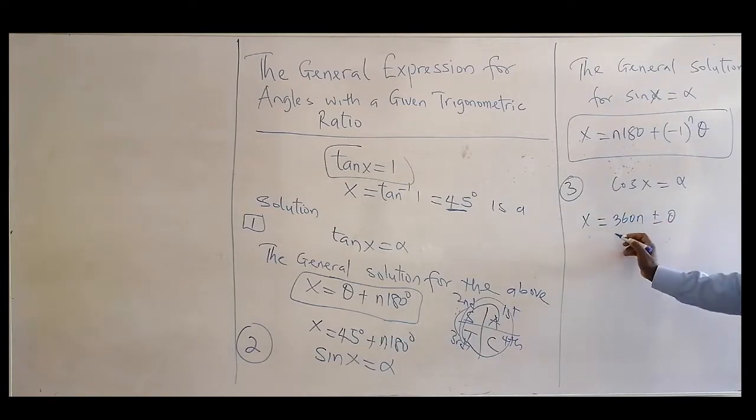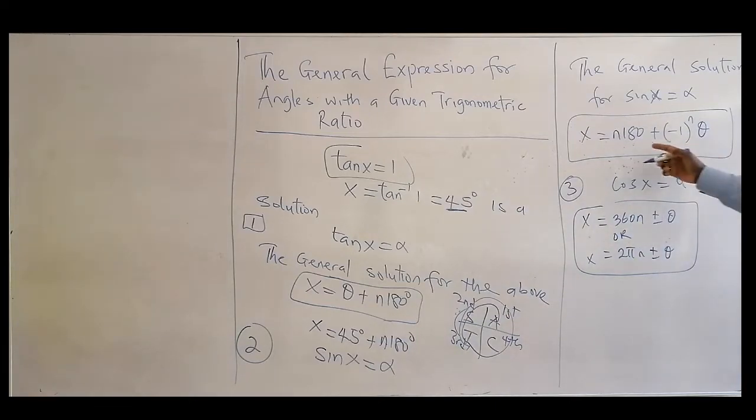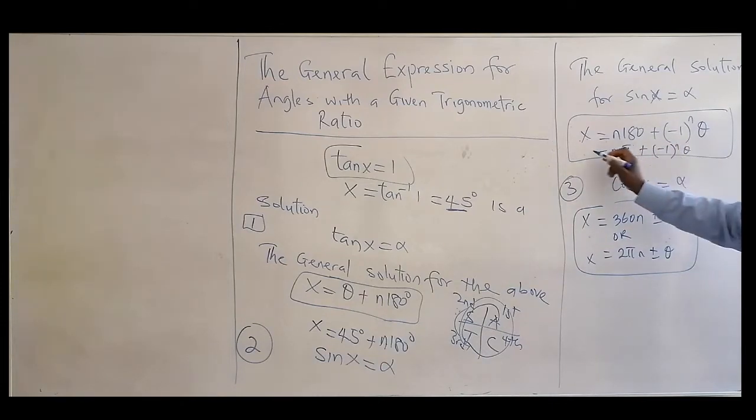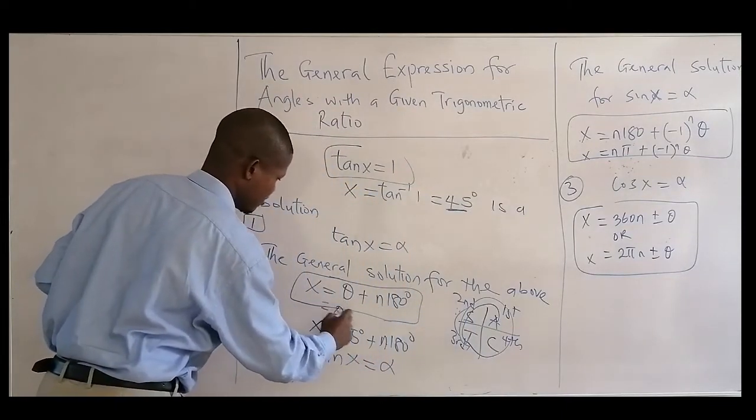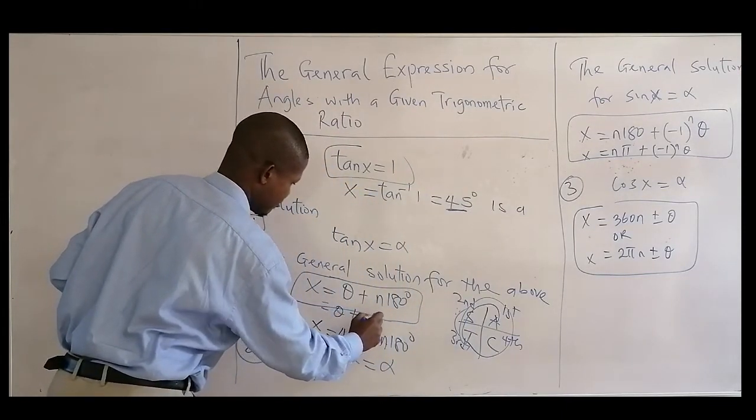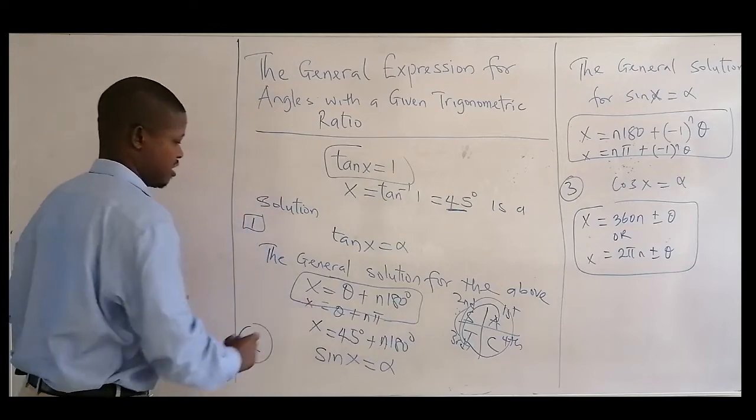This is in degrees. In radians, it will be 2 pi n plus or minus theta. For sine, in radians, it will be n pi plus minus 1 to power n theta. And for the first one, in radians, it will be equal to theta plus n pi.